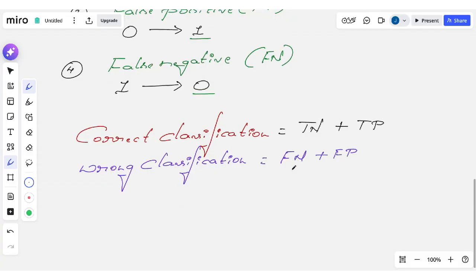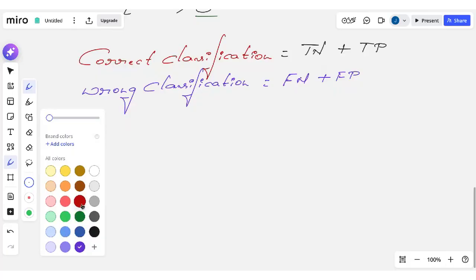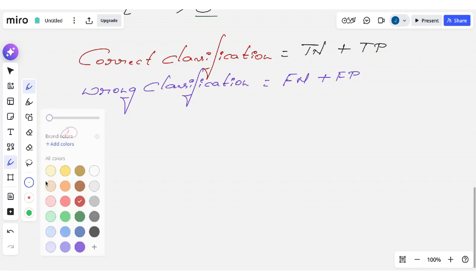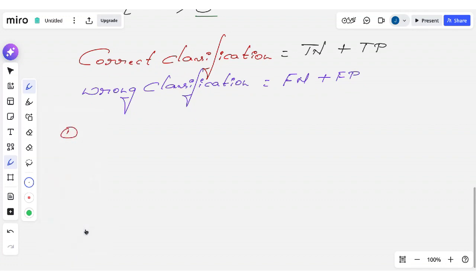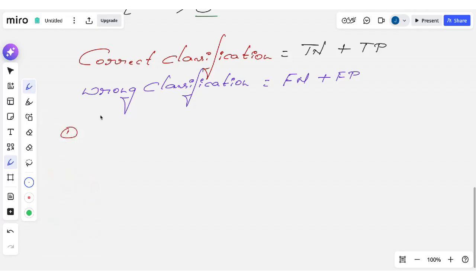Okay, all right. So now we have different metrics. I already said it in the last class. The very first metric is going to be the confusion matrix. All the metrics related to classification are derived from this confusion matrix.